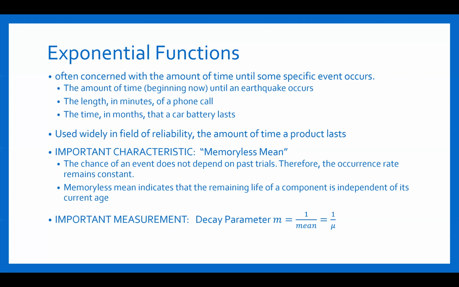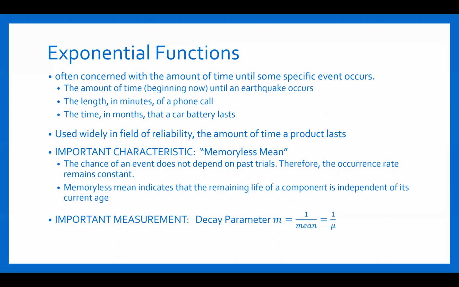One of the primary characteristics of an exponential function is what they call the memoryless mean. And basically what the memoryless mean implies is the chance of an event does not depend on past trials, which means the occurrence rate is constant.